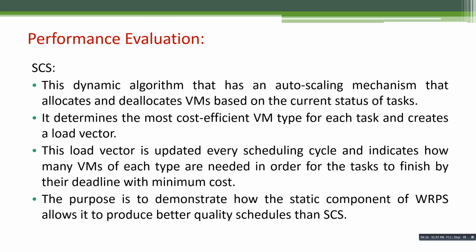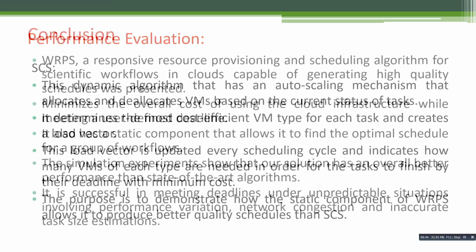This load vector is updated every scheduling cycle and indicates how many virtual machines of each type are needed in order to finish the execution of the workflow well within the time, which also minimizes the cost. The purpose is to demonstrate how the static component of WRPS allows us to produce better quality schedules than SES.